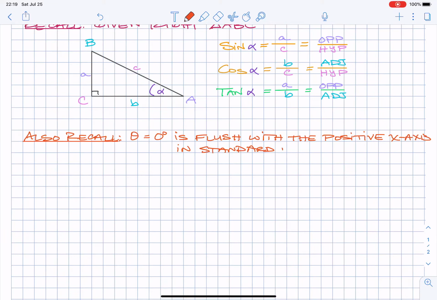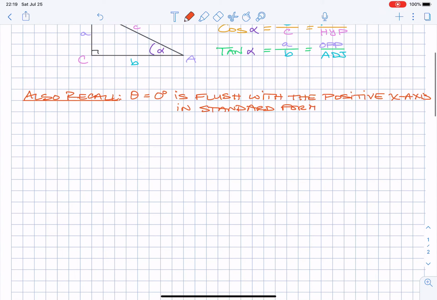So what I'd like to do is annotate some of the angles in standard form. So let's draw a little x and y coordinate axes. Something like so. I don't know if I broke this up evenly, but we'll get the idea. Nope, maybe I should have put that up one. Let's see. Yeah, that looks better.